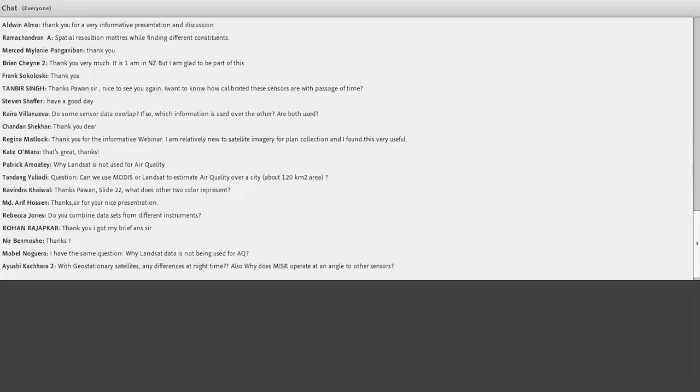Up to some extent we can do that, but only to a limited level, depending on the resolution of the sensor we are using. For example, we can probably differentiate between biomass burning, dust, and industrial pollution aerosols, but we may not be able to distinguish between industrial emissions and emissions from cars or vehicles.